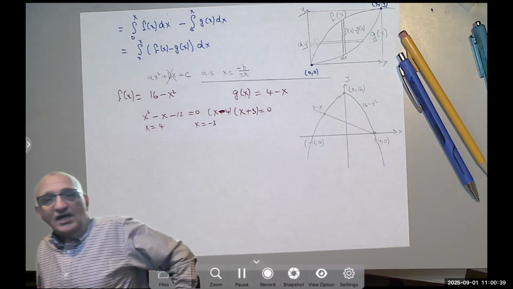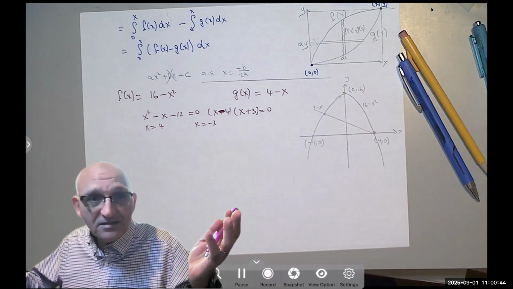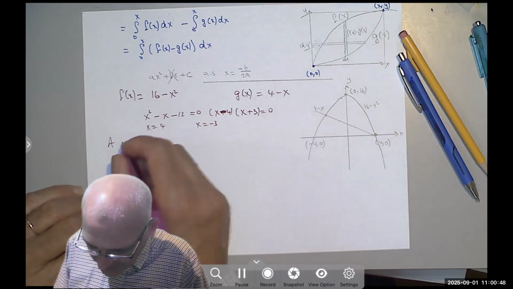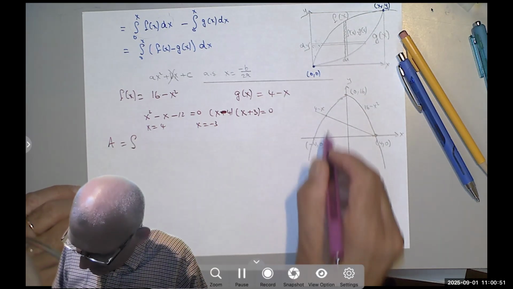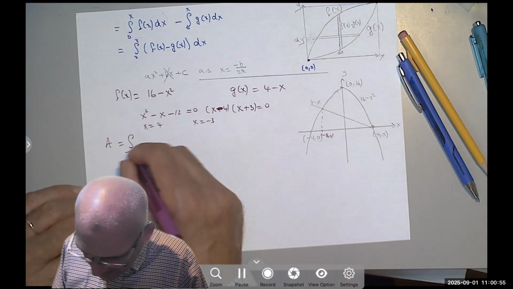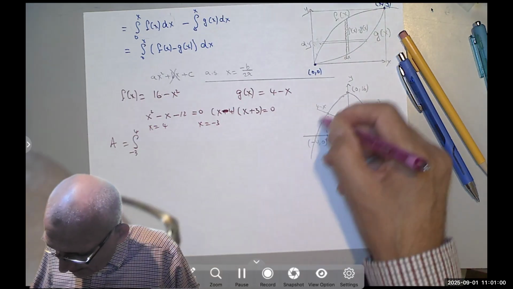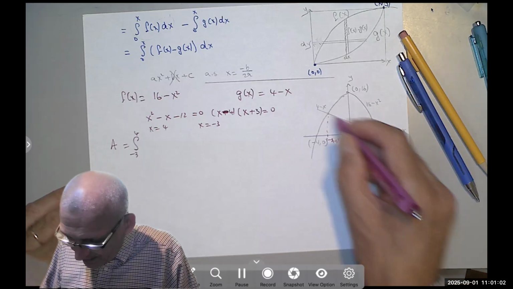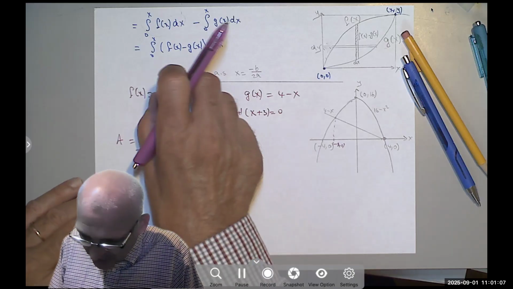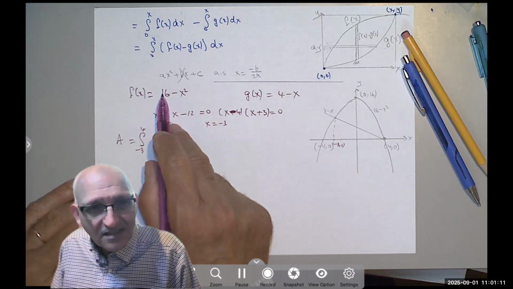Notice I don't care about the value of y because I'm not using that anywhere in my integration. My integral now to find the area between the two graphs is to take the integral from -3 to +4 of the top function minus the bottom function, which would be the opposite of what we did. Notice when we move this to the other side, it's the same as saying g of x minus f of x, right?